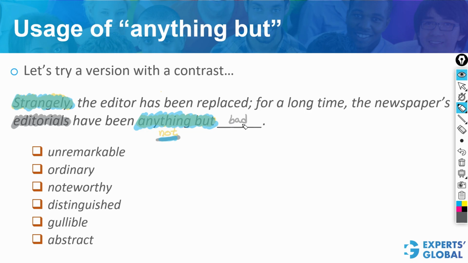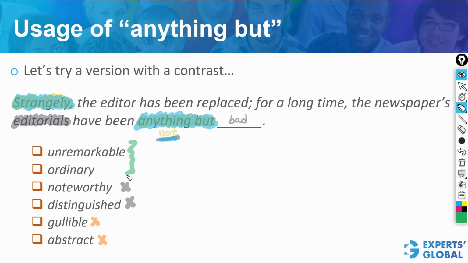So now all the positive words should be eliminated. So noteworthy, distinguished must go. Abstract is a neutral word and it does not match our broad expectation from the correct answer choice. Gullible is a slightly negative word, but it does not match our broad expectation either.